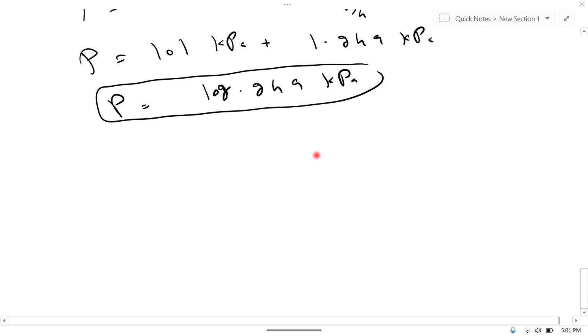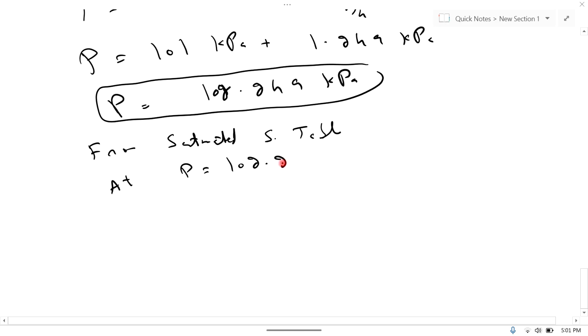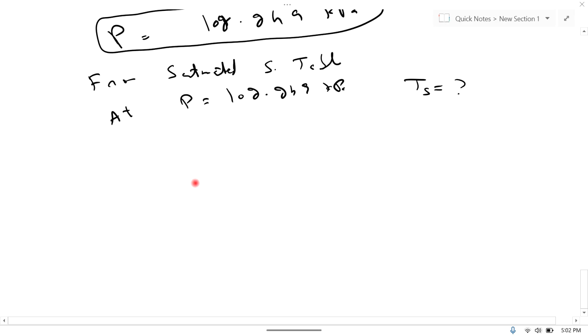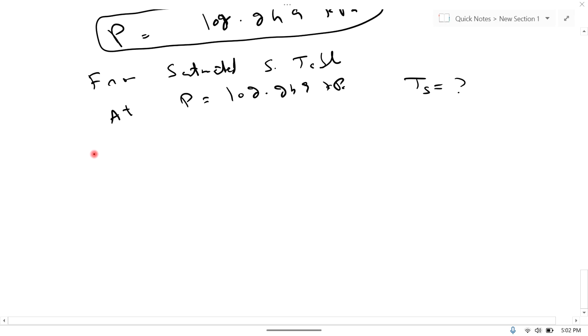From the saturated steam table, at pressure equal to 102.249 kilopascal, find the saturation or boiling temperature. If we check the steam table, the 102.249 value is not available in the table, so we will do interpolation.